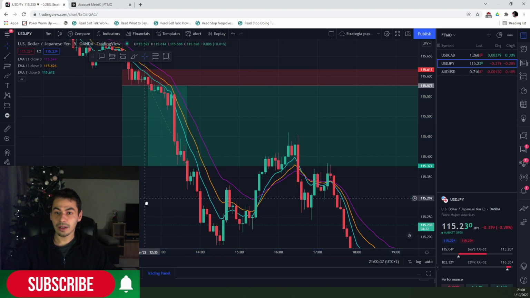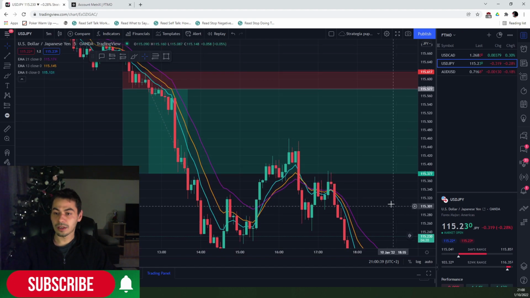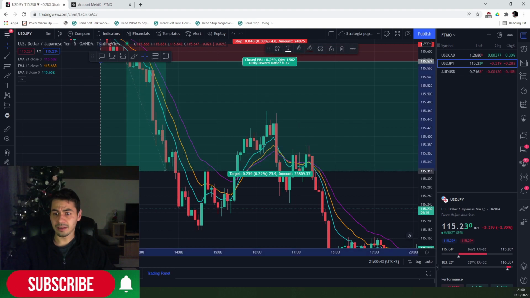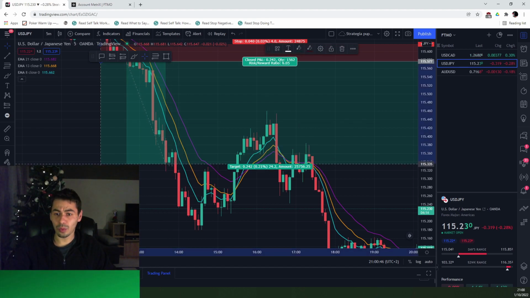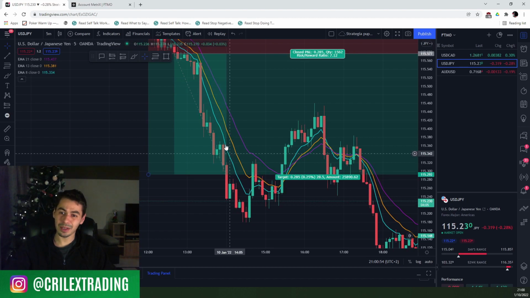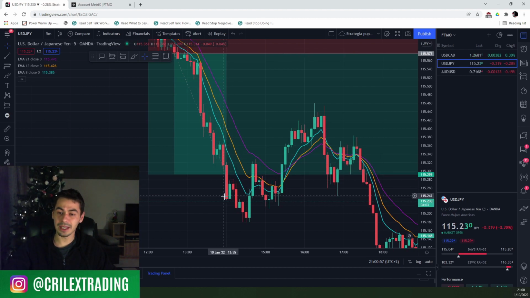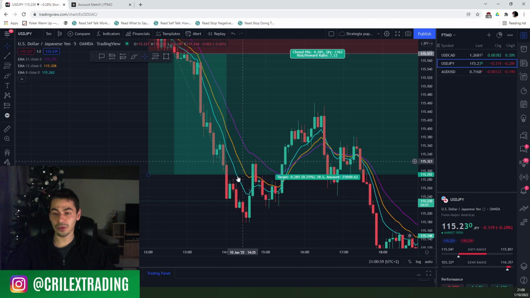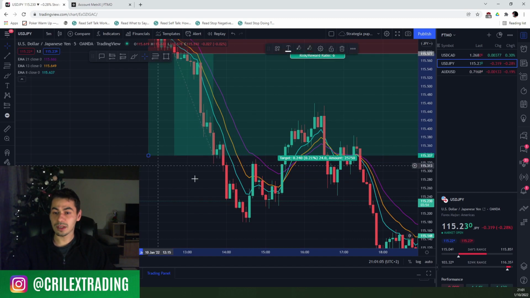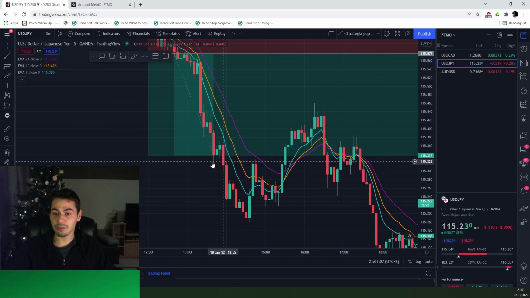And after that it was basically this impulse right here. On this impulse, we debated putting the stop loss right here on this most recent low, but we thought that this most recent low was a bit too impulsive, and we wouldn't get sheltered by an eventual retest of this level. So we decided to leave it right here at 6 to 1, which was sheltered by this level and this liquidity zone.